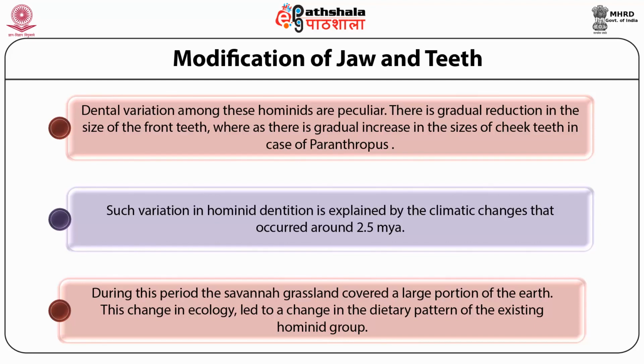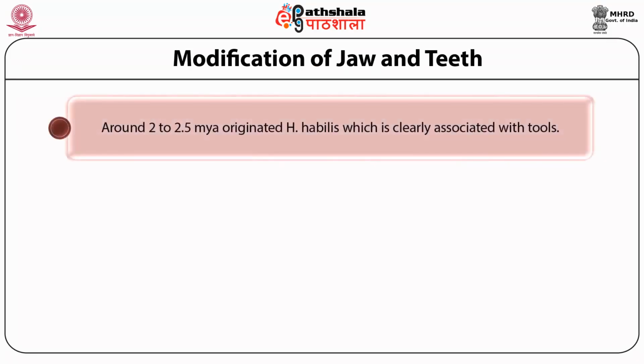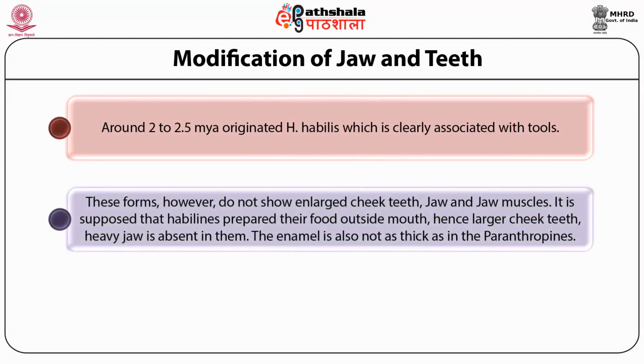Homo habilis, or the handyman, which originated about 2 to 2.5 million years ago, does not show enlarged cheek teeth, jaw, and jaw muscle. As habilis used to prepare their food outside the mouth, the enamel is also not as thick as in paranthropines.